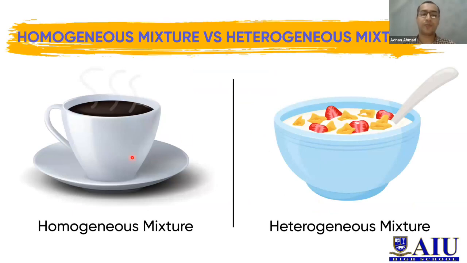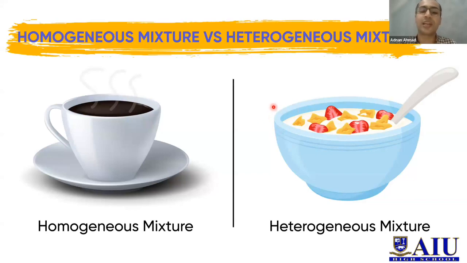Okay, so this cup of coffee is a homogeneous mixture. Why? Because all the contents of the coffee are distributed evenly, okay? So this is a homogeneous mixture, and this is a heterogeneous mixture. This is a cereal in milk, and it is representing a heterogeneous mixture. Why? Because most of you guys would eat cereal for breakfast in your daily routine.